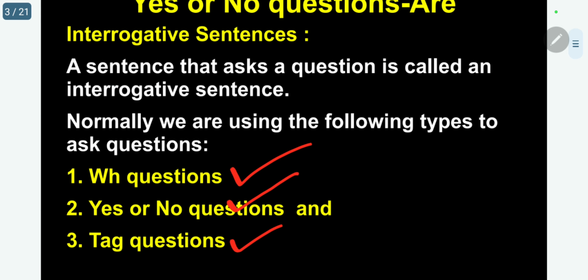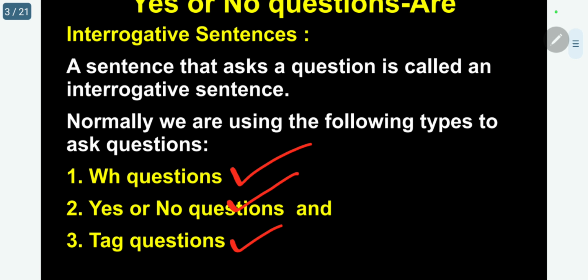One, by using WH questions like what, when, where, etc. Or when you ask a question using an auxiliary verb, specifically primary and secondary auxiliary verbs, normally you will get the answer yes or no. So we call it yes or no questions. And the third way we can raise a question is a tag question.